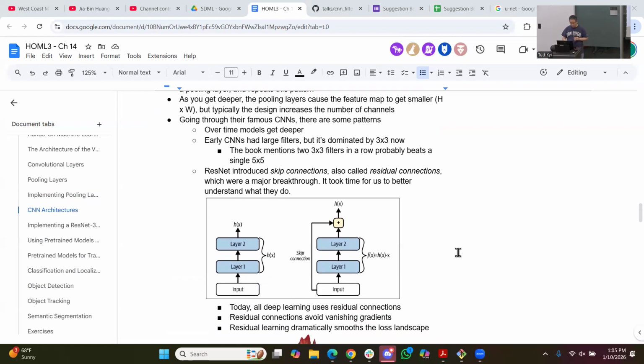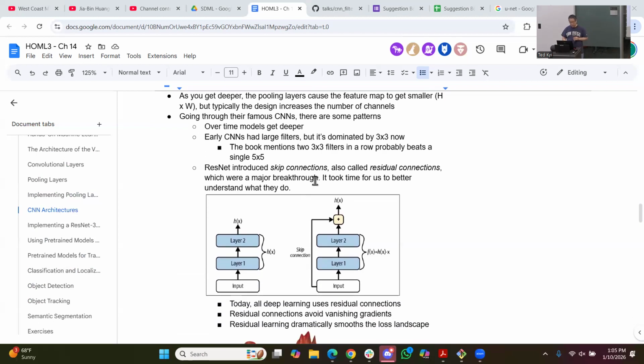And so that's where we see ResNet comes in. I'm trying to remember, 2016, something like that. And these skip connections or the residual connections were a major breakthrough. People didn't necessarily know this, but in hindsight, we can say this was a massive, massive, major breakthrough.